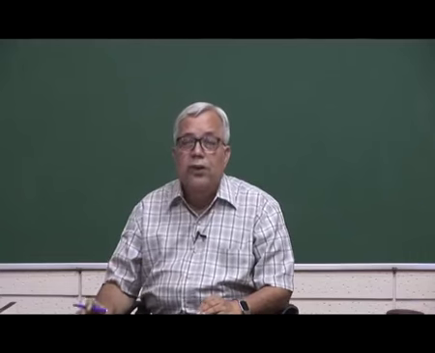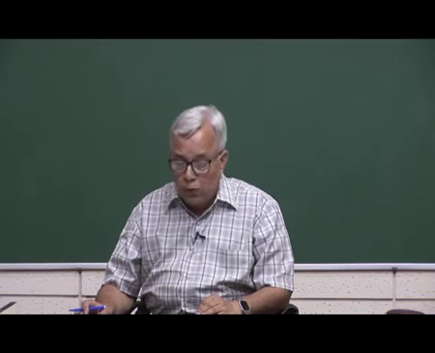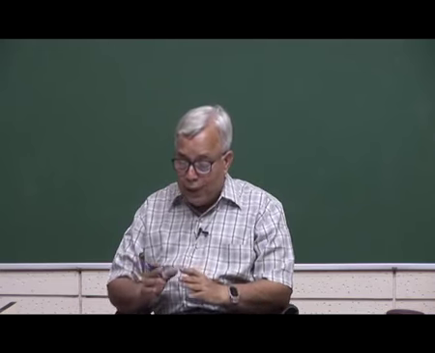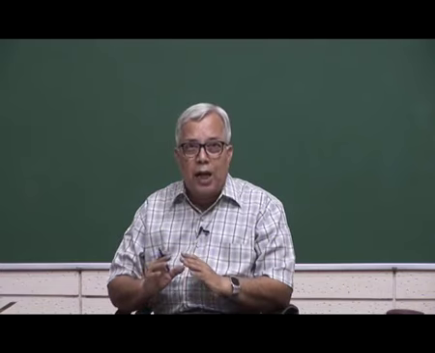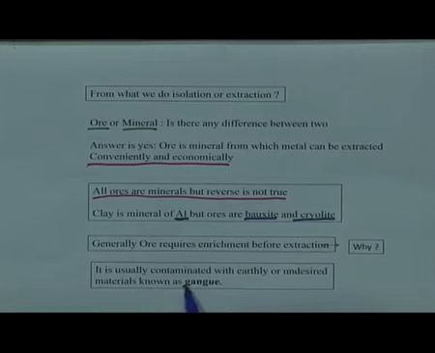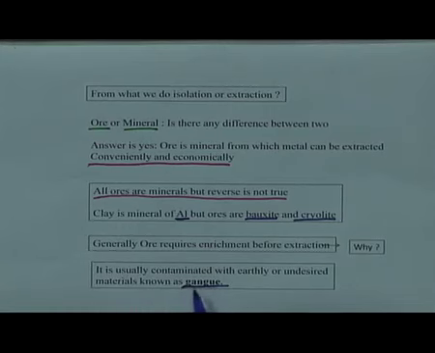So many things are present along with the ore, and all these contaminants together, which are undesired in an ore, are called gangue. So, if the ore has to be used for metal extraction, it has to be first separated from this gangue.